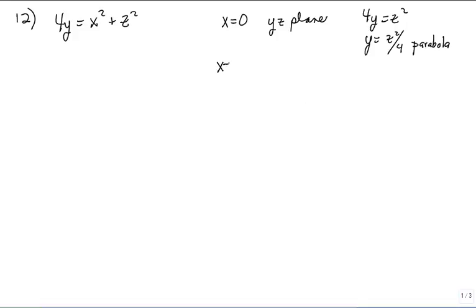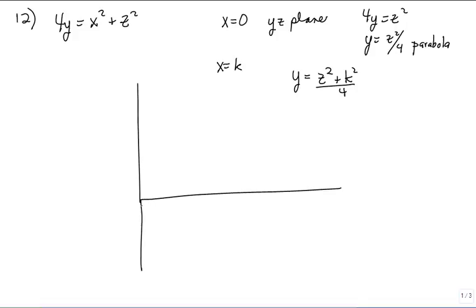Or if x is any constant, we get y equal z squared plus k squared all over 4, which is the same parabola. So in the yz plane, it's going to go like this.